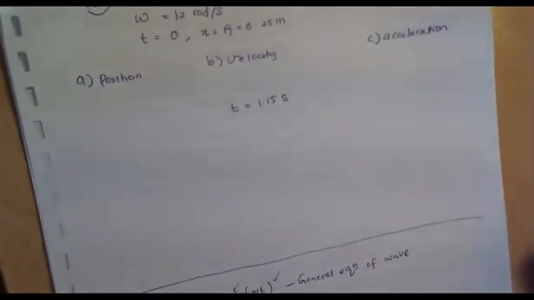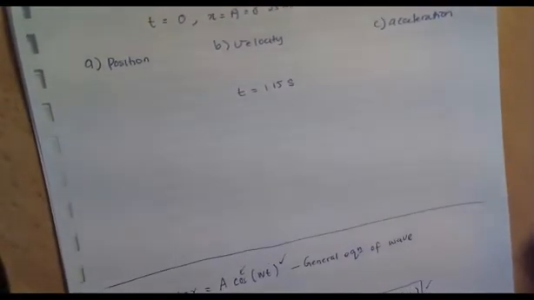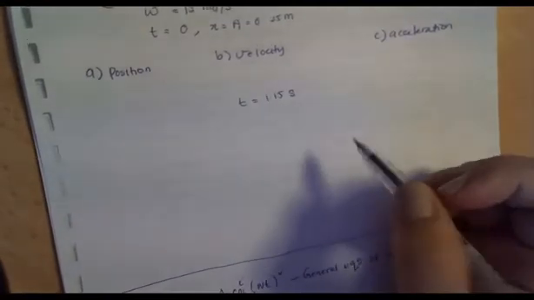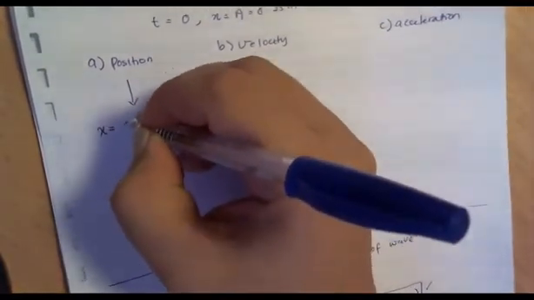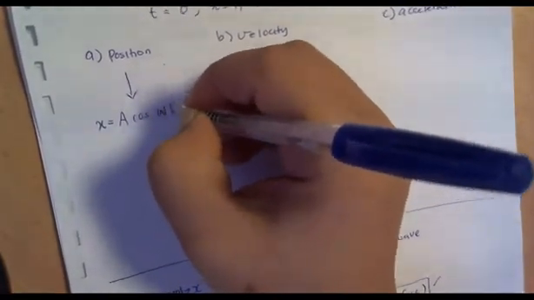Since I already derived all the equations for you, just substitute everything into each part of the question with t equal to 1.15. The position can be found using the general equation.